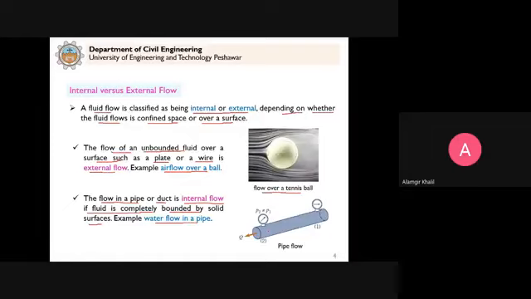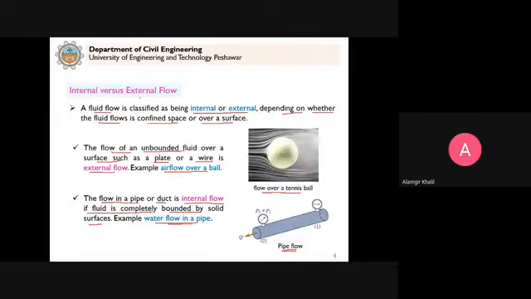Now in this case you can see that the fluid is completely surrounded by a solid surface. So this is known as internal flow. Clear? For example, here you can see this pipe flow, this is internal flow. So we already studied the internal flow in which the fluid is surrounded by a solid surface, for example, a pipe shown here as an example.